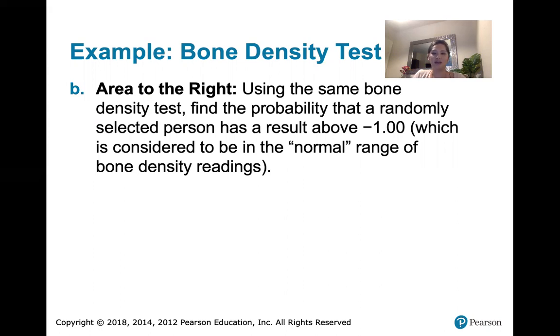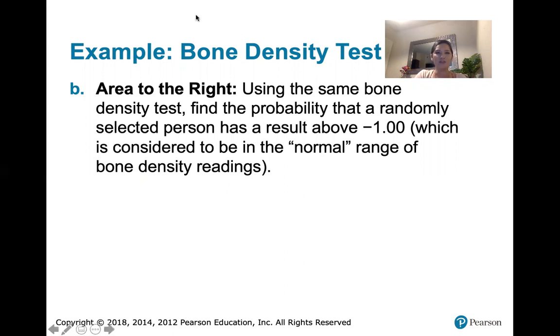What percent of people have a bone density that is considered normal? We can find that using our understanding of standard normal distributions and the table or technology.